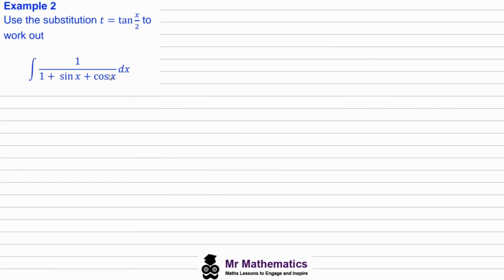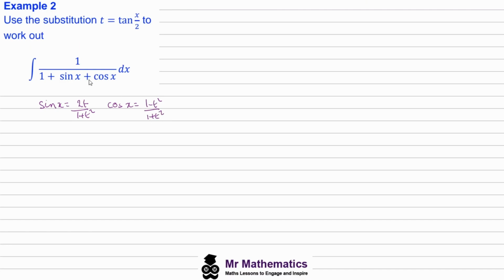Okay, so in example 2, we've been asked to use the substitution again that t is tan of x over 2 to work out this integral. So again, we can use our t formulae. So the sine of x will be 2t over 1 plus t squared, and the cos of x will be 1 minus t squared over 1 plus t squared.